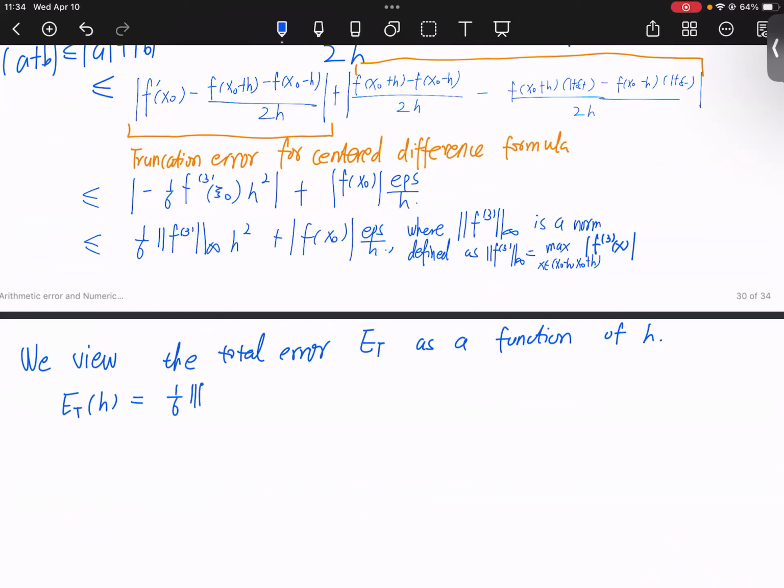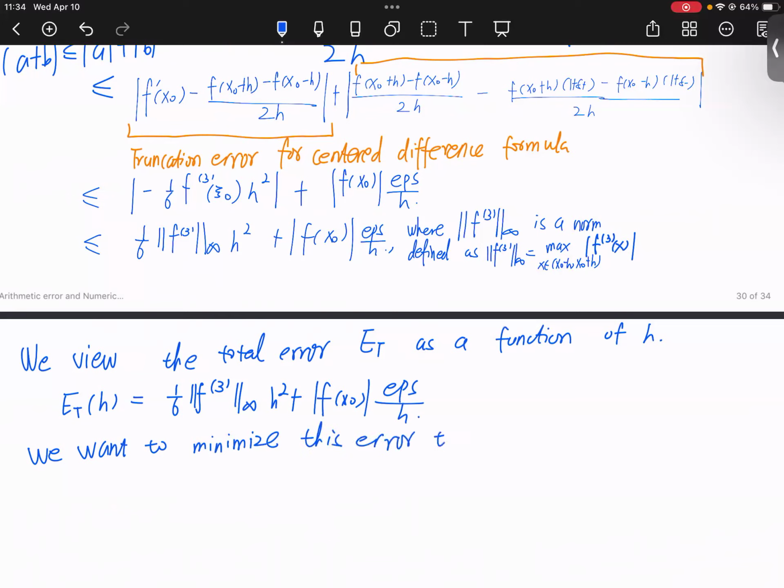And we want to minimize such a function, which means that we want to minimize such a total error here. We want to minimize this error term. And if we want to minimize this error term, then from the calculus class, we need to get to the critical points.